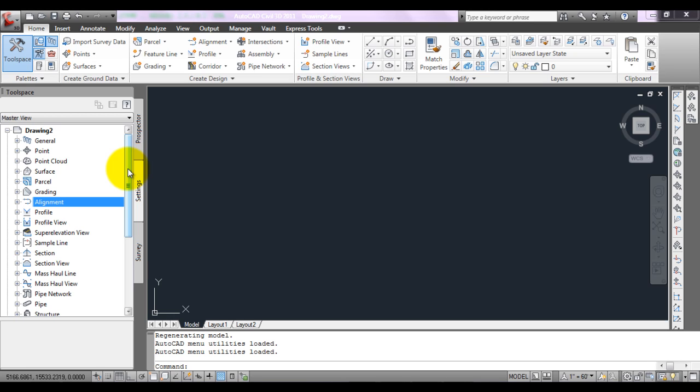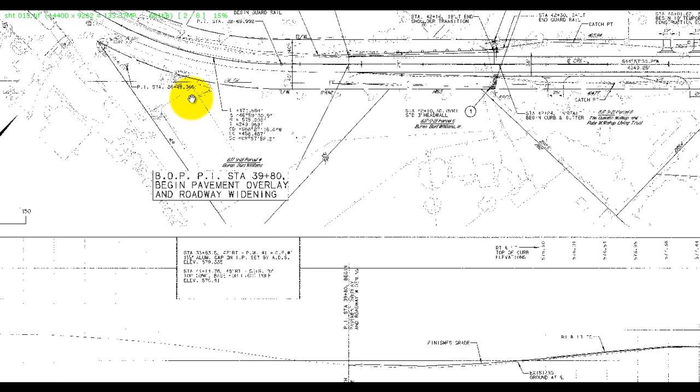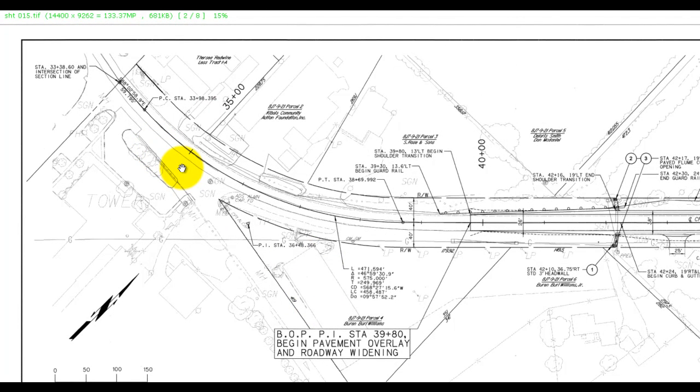What I've done is I have written down on a piece of paper some information about that alignment so that I don't have to keep switching back and forth between this drawing view and my Civil 3D. But you can do that if you need to. But what I've done is I've written down, okay, this is the beginning station, is at this station here, and this is the beginning bearing and distance.